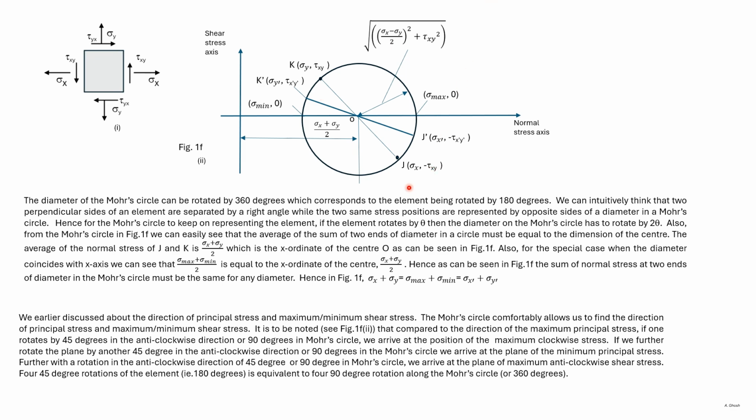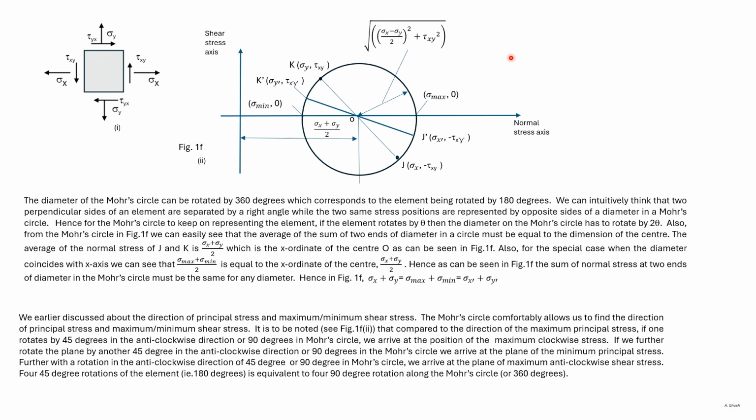So here sigma x plus sigma y is equal to sigma max plus sigma min, which is equal to sigma x dash plus sigma y dash. So the normal stresses at two ends of a diameter add up to the same value.